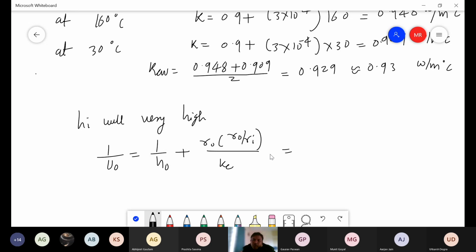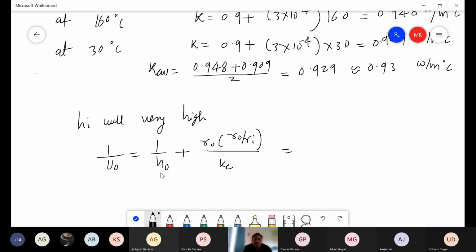What will that factor be? R naught by Ri into 1 by Hi, isn't it? But since we are assuming that Hi is very high, that factor goes away. Remember, this is one of the simplified cases we have looked at earlier. So in this case also we can find the overall heat transfer coefficient.